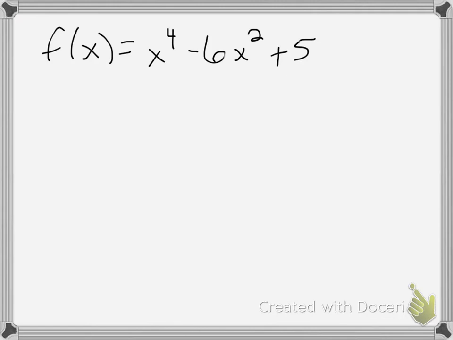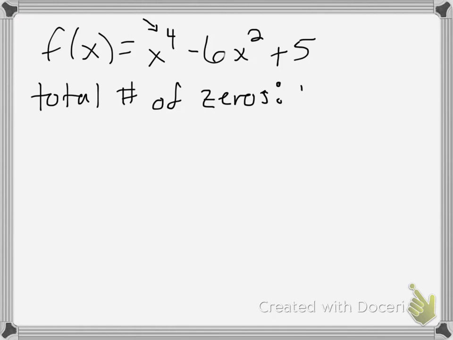The degree of my polynomial is 4, so the total number of zeros would be 4, based on the fundamental theorem of algebra. So I'm going to have 4 total zeros, whether they're imaginary, whether they're all real, whether they're a combination of real and imaginary. I'm going to have a total of 4 zeros.